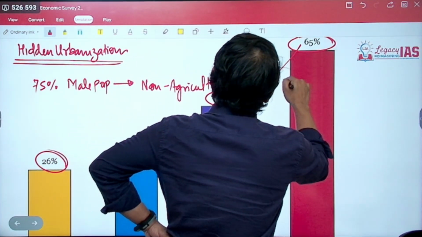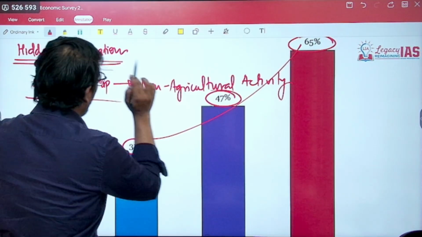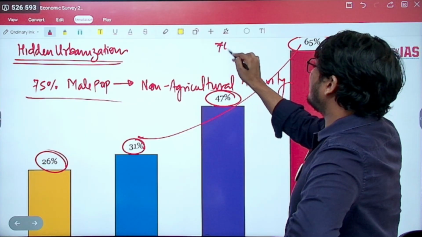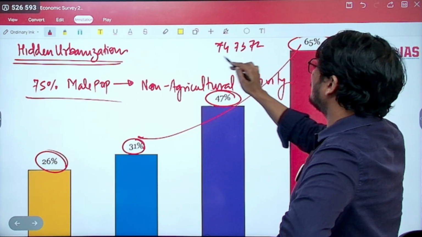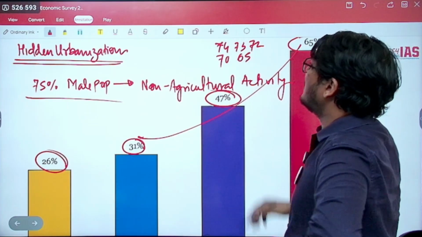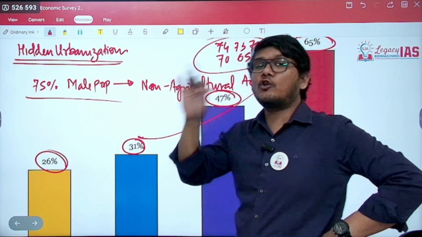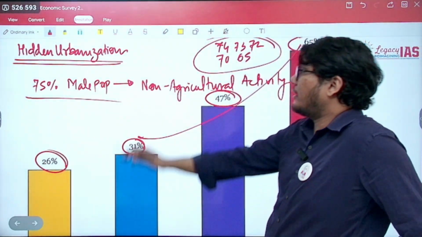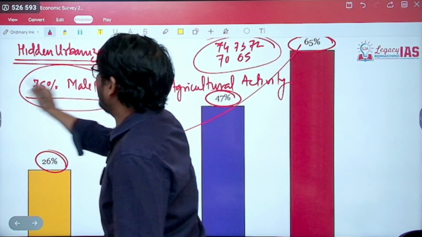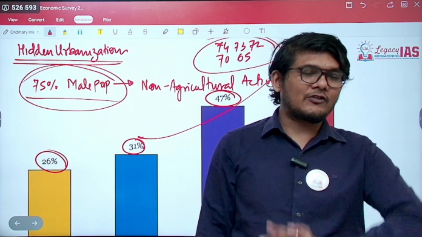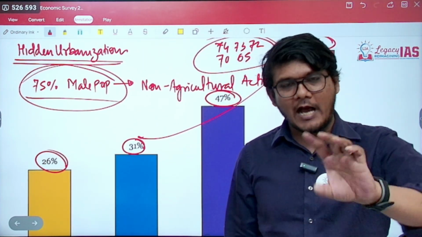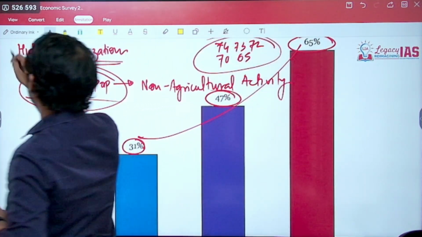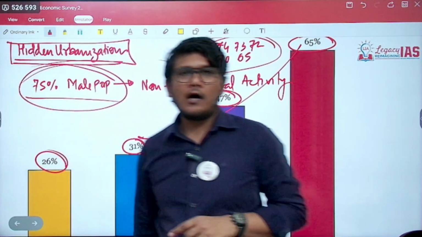Now this is one thing which gives the number quite low, because there will be areas wherein this percentage is 74, 73, 72, 70, 65. This is still high, but those areas will not be considered urban areas because of the strict or rigid definition which is present, as a result of which a lot of areas having features of urban areas are still not classified as urban areas, and that is the concept of hidden urbanization.